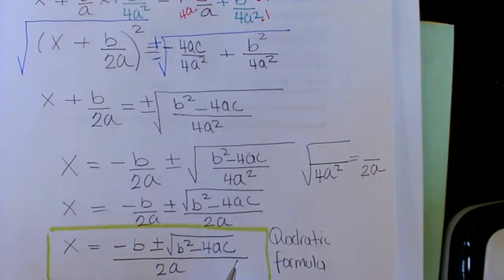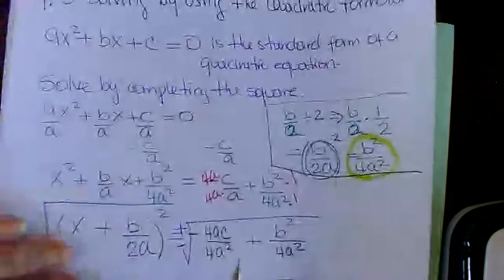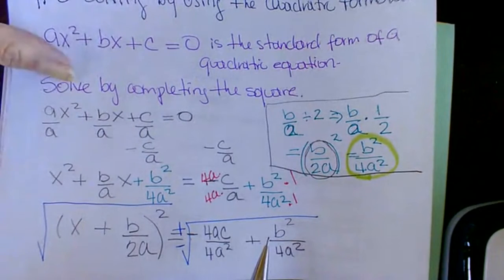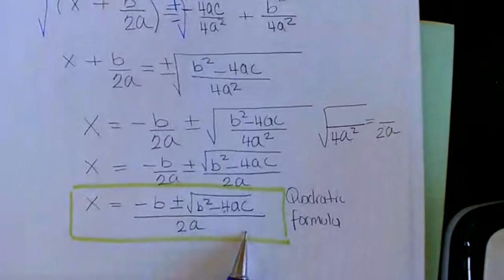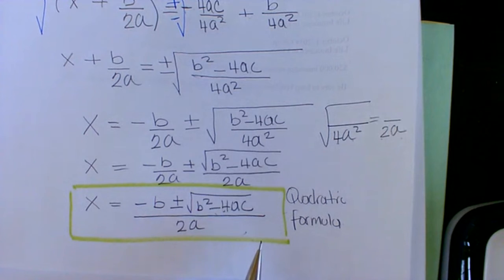Like I was saying, this is the quadratic formula, and this is the one that we're going to be using from now on. We just developed it from the standard form by completing the square, and we got to the quadratic formula. So now let's do some exercises.